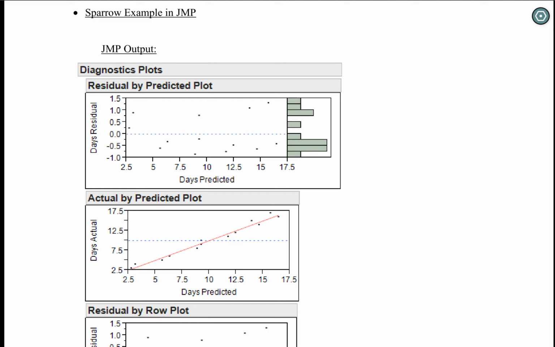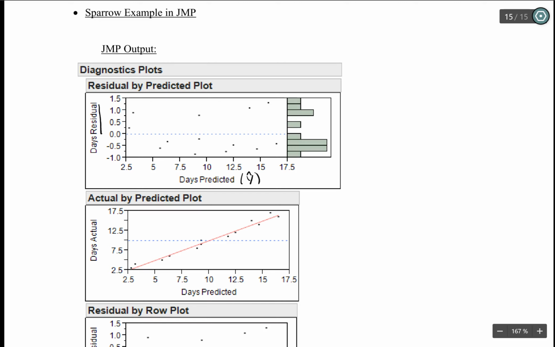But if you look here at the outputs, this is the residual versus the predicted values, the days predicted. And if you look here, there seems to be, for all intents and purposes, a random scatter about 0.